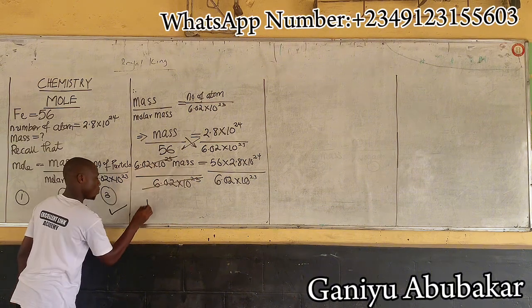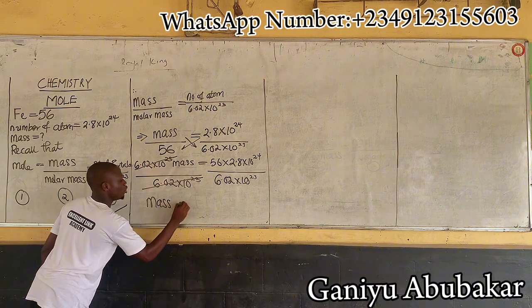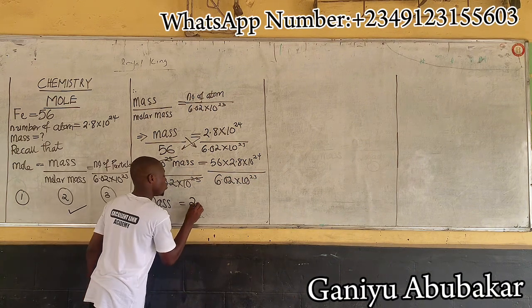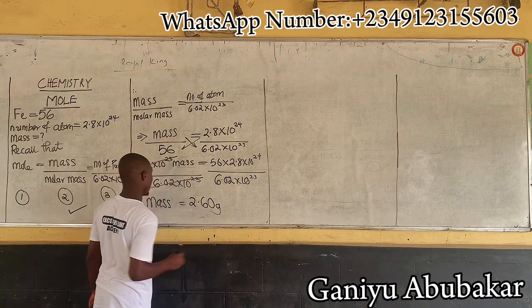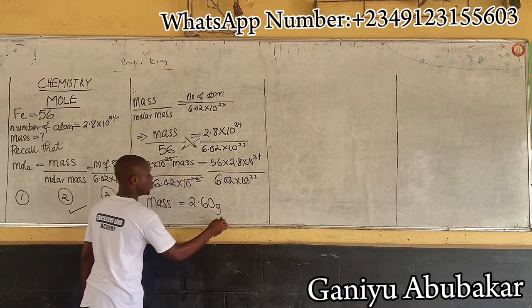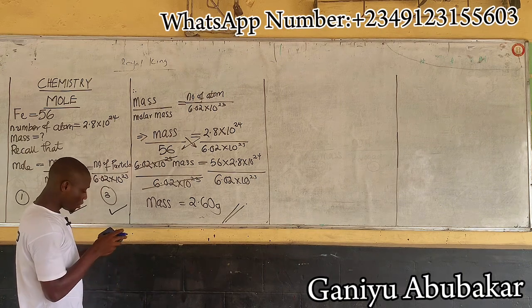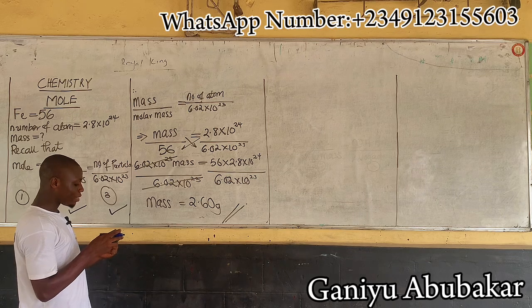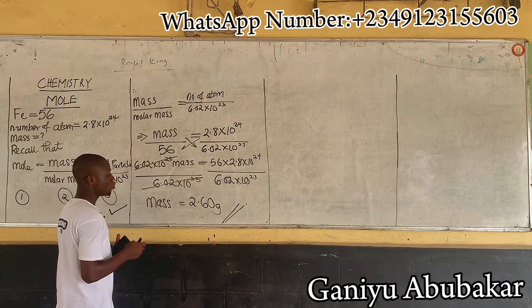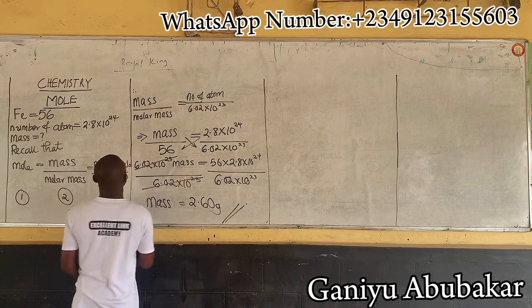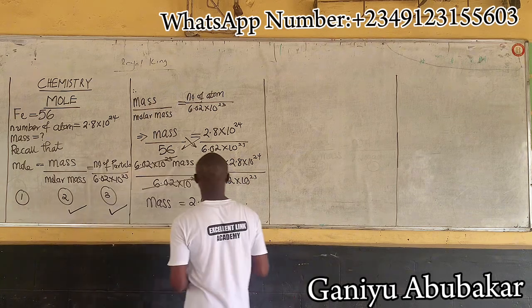So my mass is equal to, if I divide this by this, about 2.60 grams. Mass is in grams. So the mass now is 2.60 grams, as you can see. That is how to solve this particular problem.